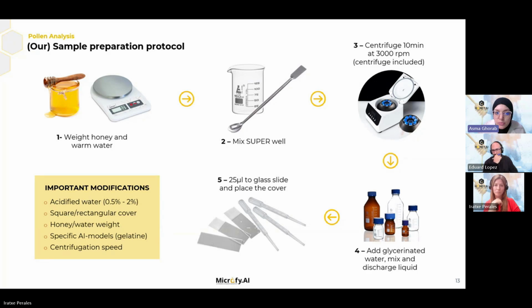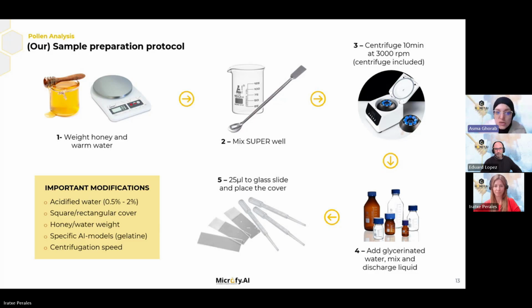And finally, you have to keep in mind that in some cases, depending on the type of honey or the type of pollen, we reduce the centrifugation speed, using less than 3000 RPM, just to prevent the grains from breaking, because it happens sometimes with big grains that have a lot of apertures, like Rosmarinus pollen, for instance. So don't worry, on our website we have a tutorial showing all the steps and sample preparation protocols. You can find that on our web.